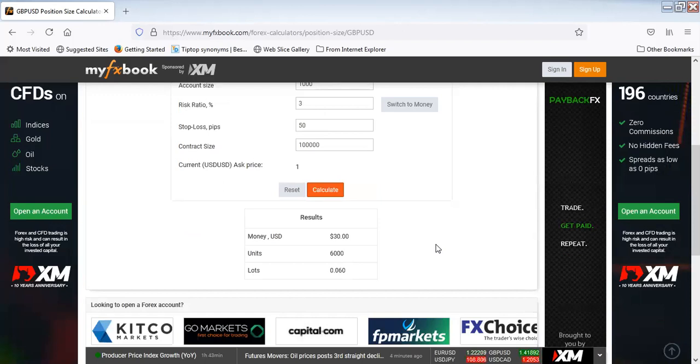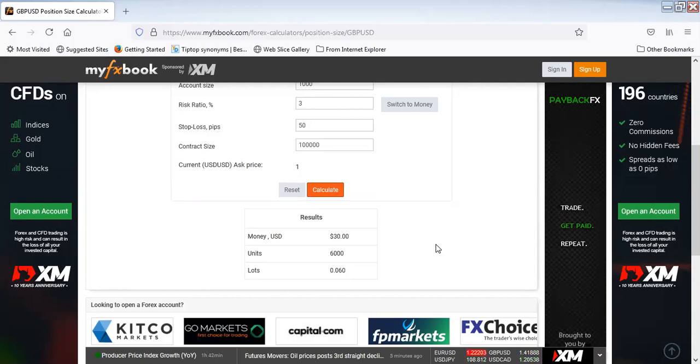Either she gains $30 added to her $1,000, or she loses $30 out of her $1,000, which is still very reasonable. Do you know one reason why I love the position size calculator? Aside from telling you the amount you are going to gain or lose in the forex market, it will also tell you the lot size at which you would trade.